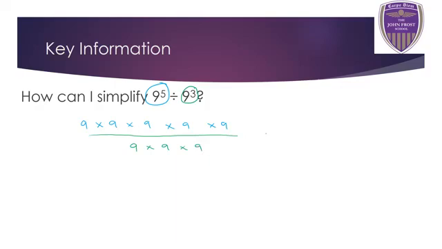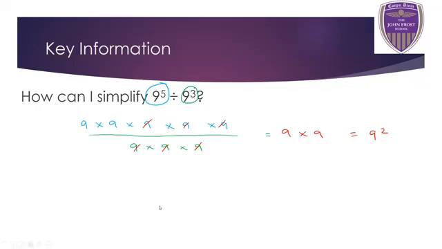We've seen stuff like this before, hopefully. We can cancel some of these 9s off at the top. We've got 3 9s on the bottom, so we can cancel 3 off on the top. So we're left with 9 times 9, and 9 times 9 is 9 squared, so 9 to the power of 2.